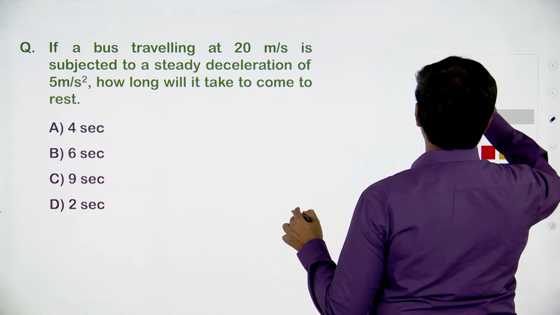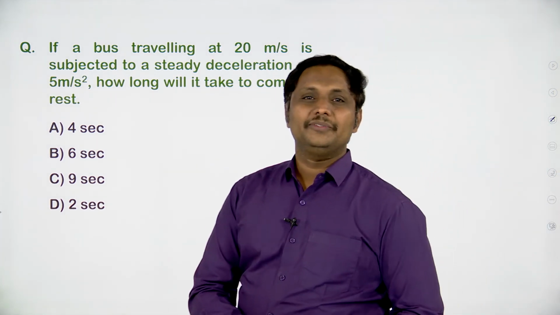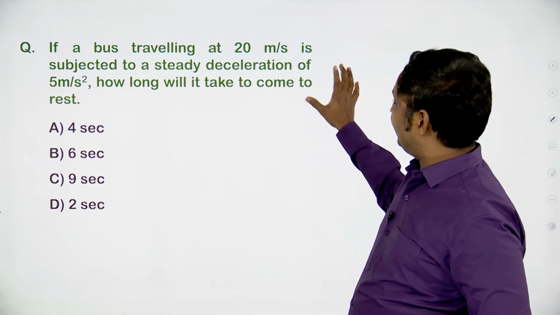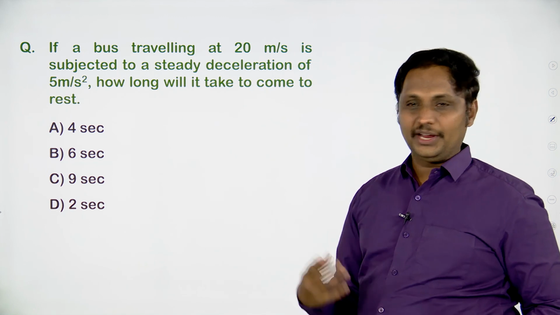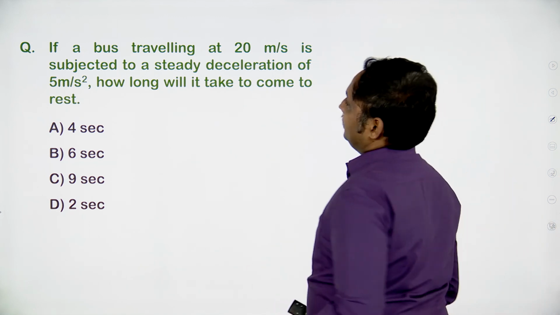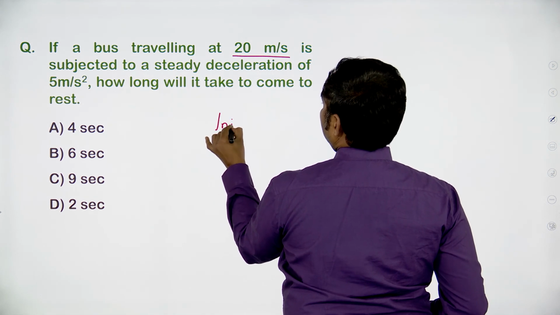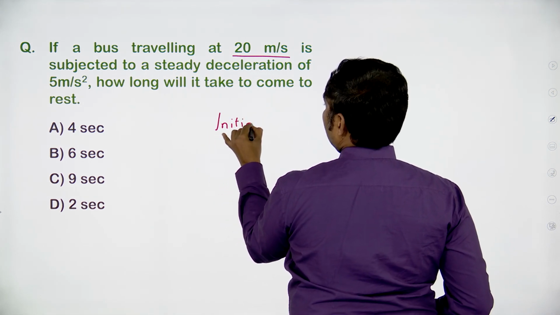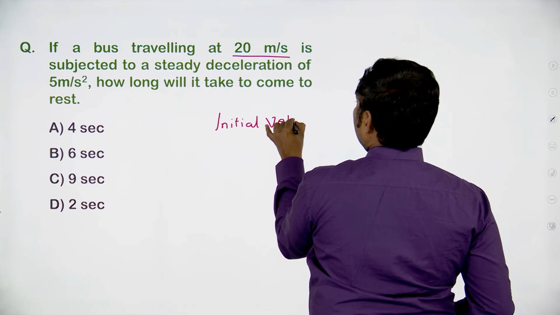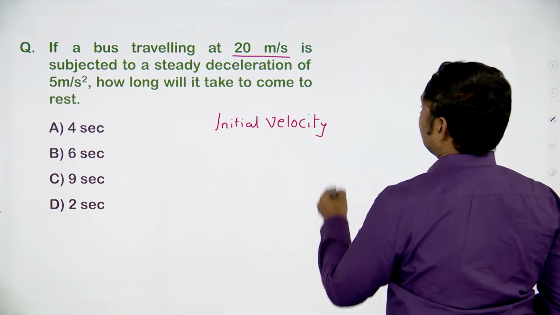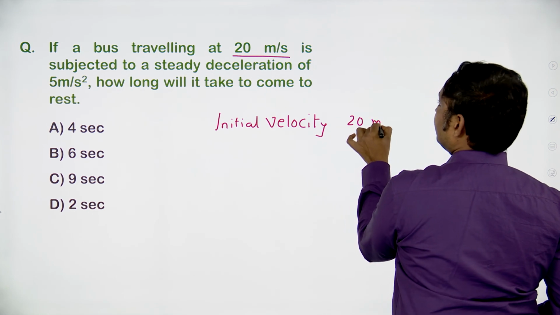With respect to the time, its speed is going to decrease. It has deceleration. So the initial velocity is going to be 20 meter per second.